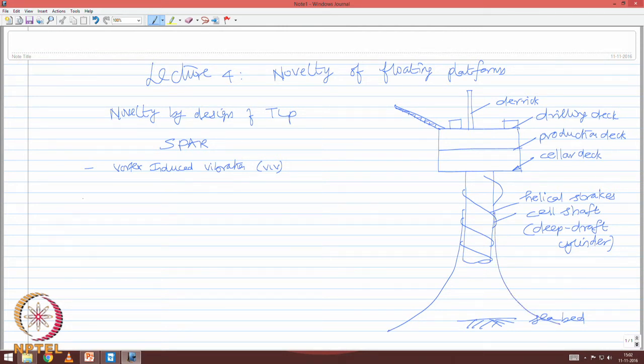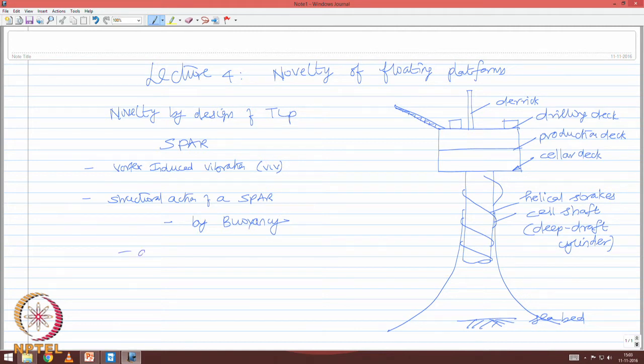So, essentially the structural action of a spar is by buoyancy.